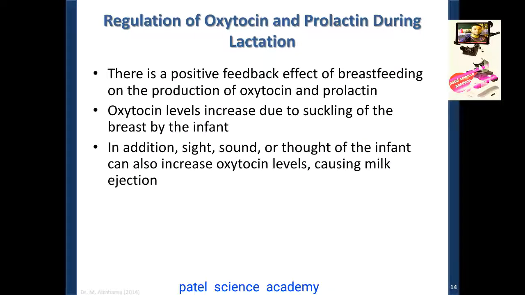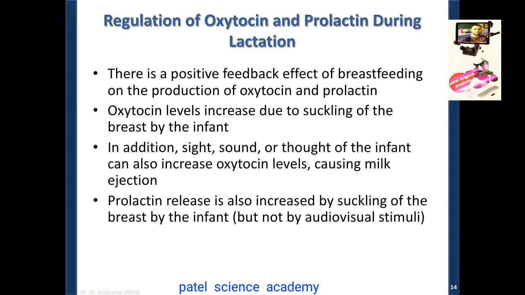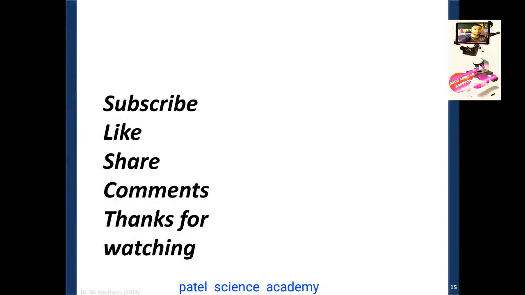And in addition, sight, sounds and thought of the infant can also increase oxytocin's level, causing the milk ejection. And prolactin hormone, what is the role? Prolactin release is also increased by the suckling of the breast by the infant, but not by the audiovisual stimuli.